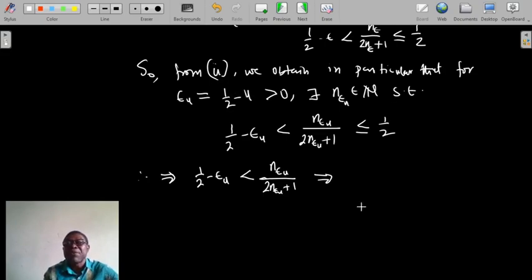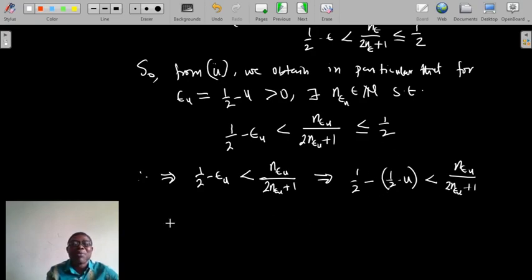So half minus epsilon u, which is half minus u, will be less than n epsilon u all over 2n epsilon u plus 1. If we evaluate this, this will imply therefore that u is less than n epsilon u all over 2n epsilon u plus 1.